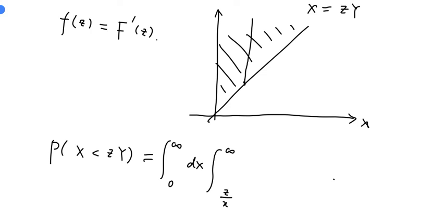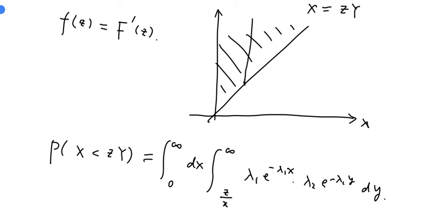So the x density is lambda 1 e to the negative lambda 1 x, and the y density is lambda 2 e to the negative lambda 2 y.